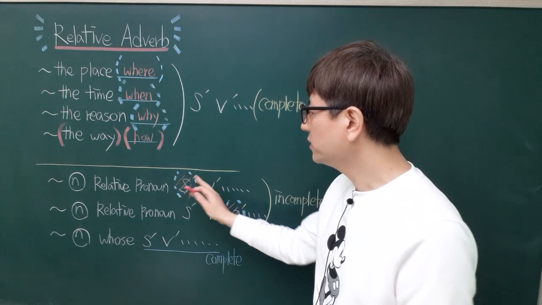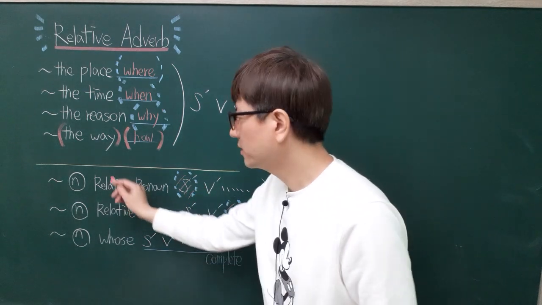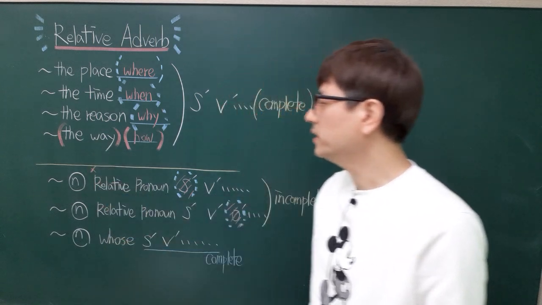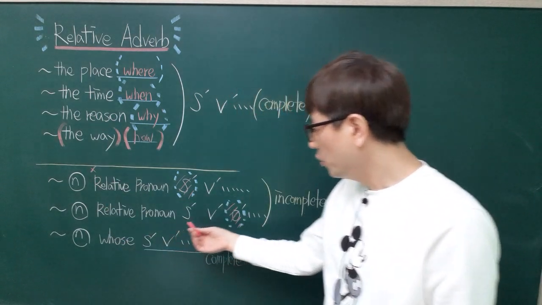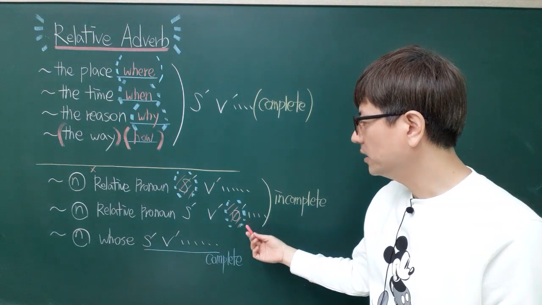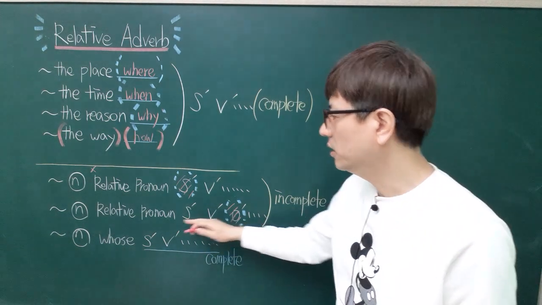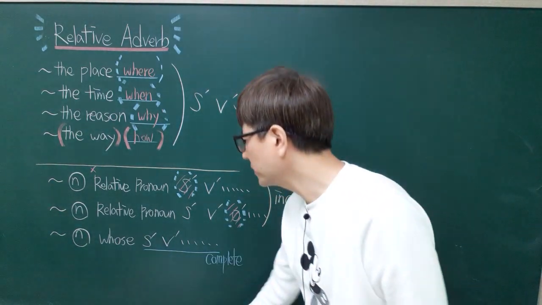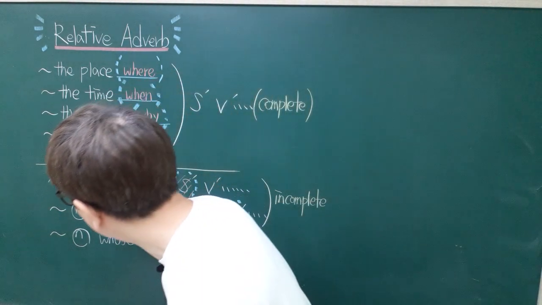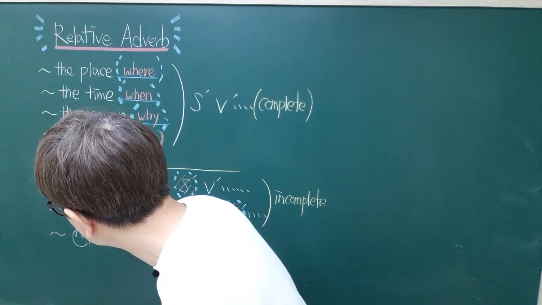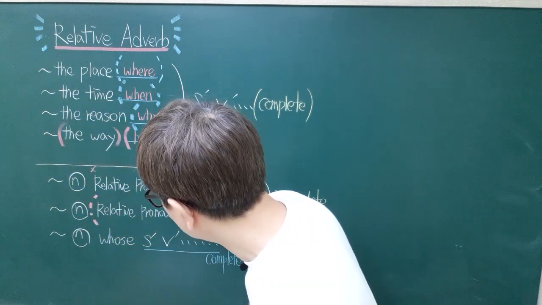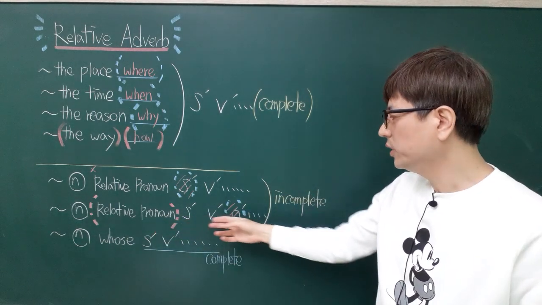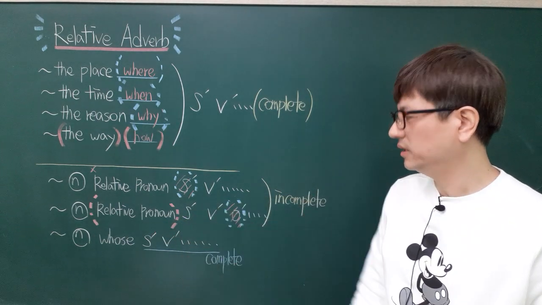When we don't have a subject, omission of the relative pronoun is impossible. But when we don't have an object in the sentence behind the relative pronoun, then we can omit, we can remove the relative pronoun like this.